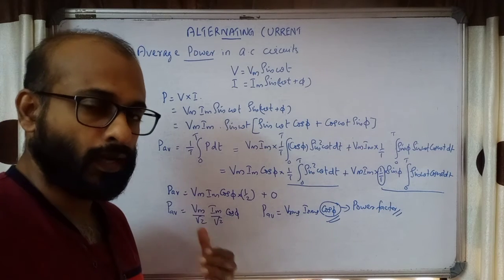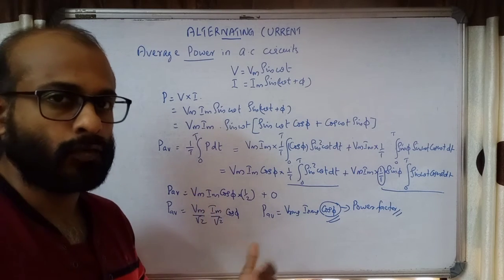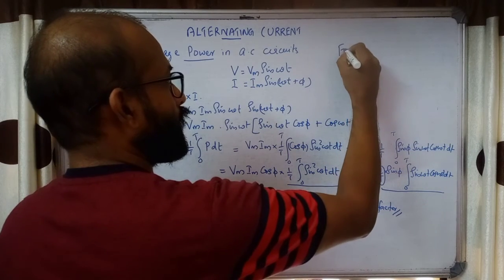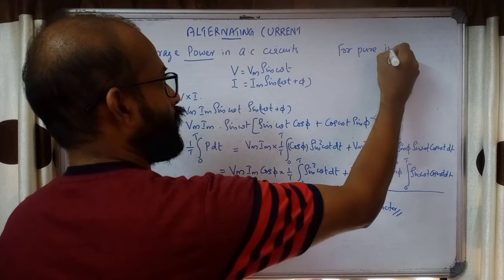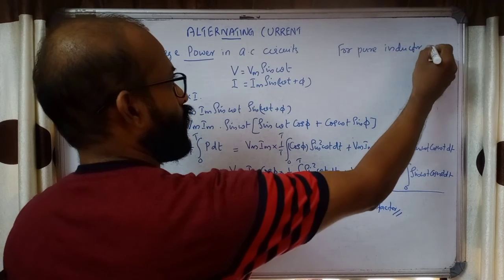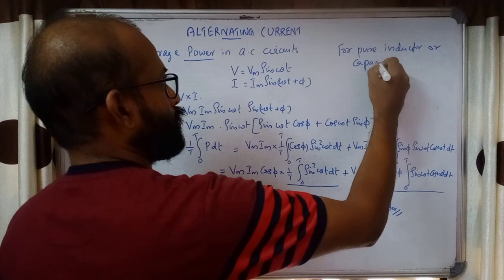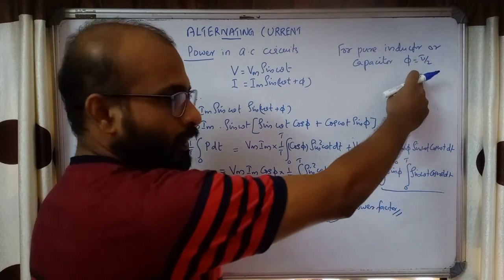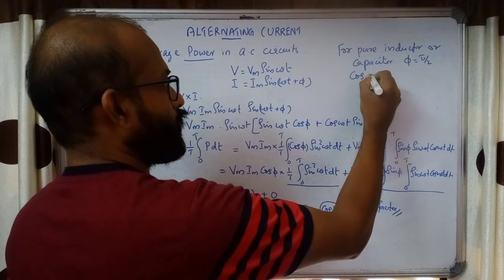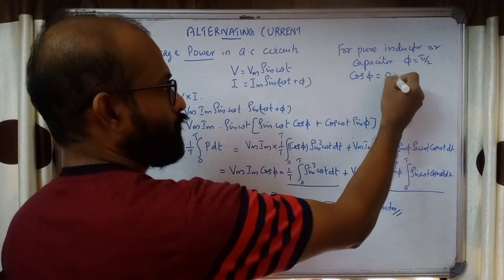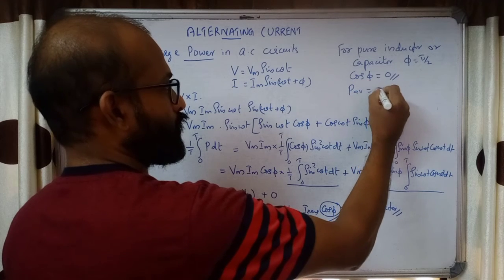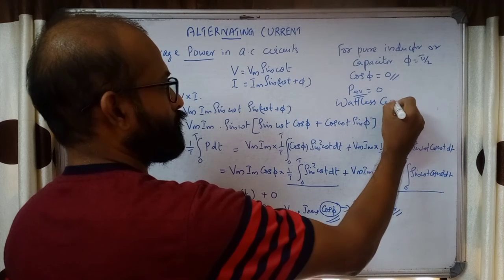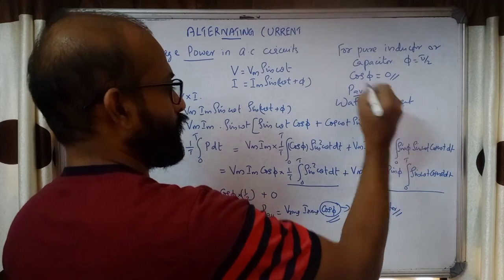Such alternating current flowing through a pure inductor or pure capacitor is called a wattless current.